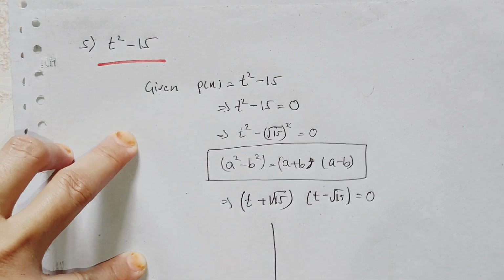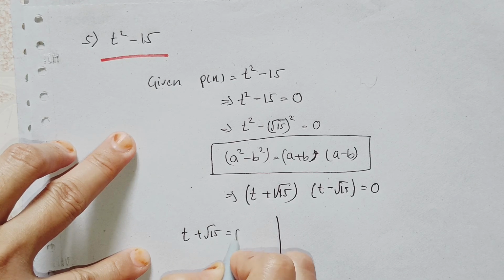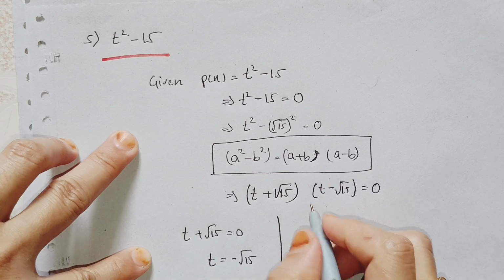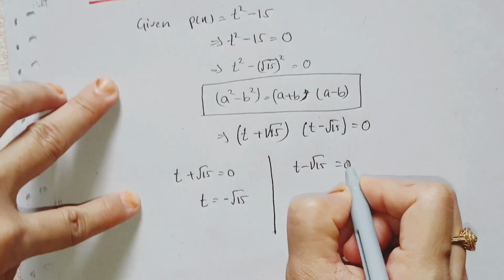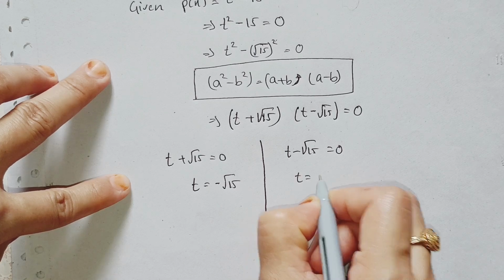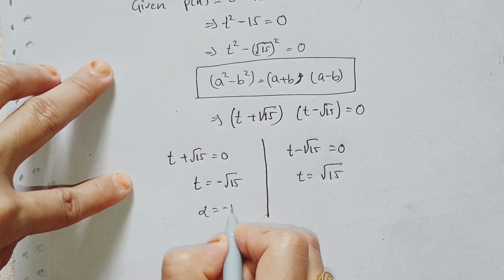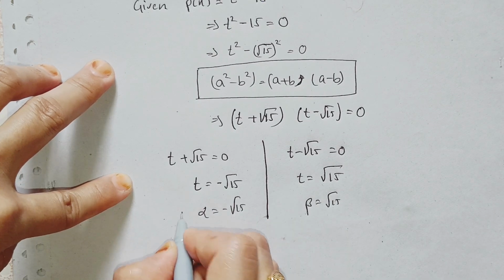Here two conditions arise. So t plus root 15 equal to 0, then t is minus root 15. Here t minus root 15 equal to 0, then t equal to plus root 15. This is alpha equal to minus root 15, beta equal to root 15.